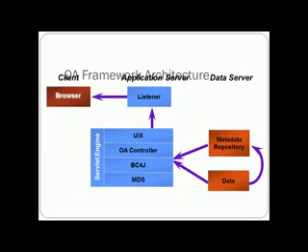So there is a three-tier architecture again: client, application server, and data server, the database server. When you click on any function ID in the browser, a unique ID is passed to the application server, which is called the listener.